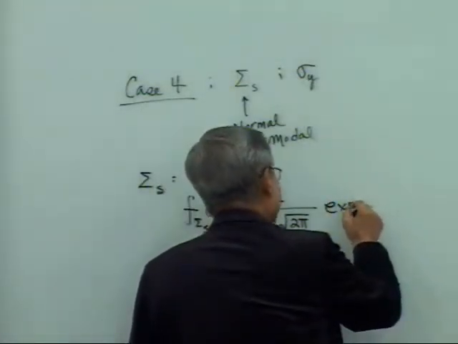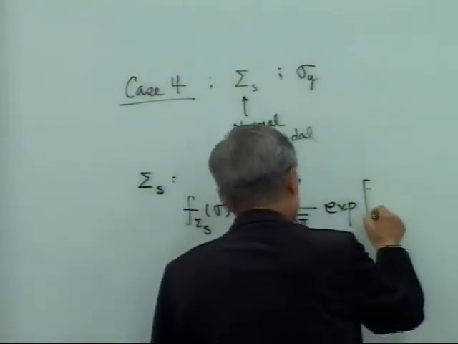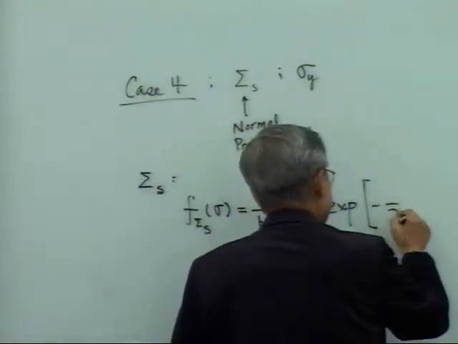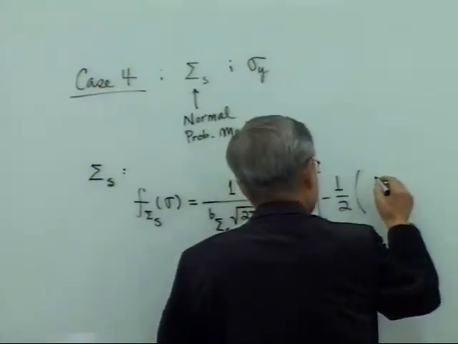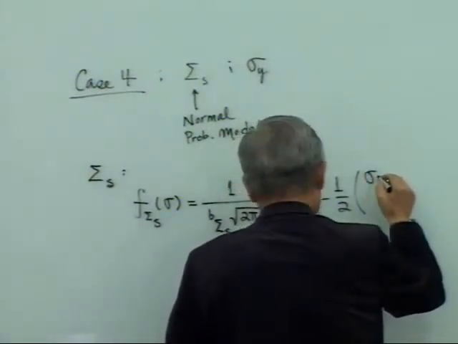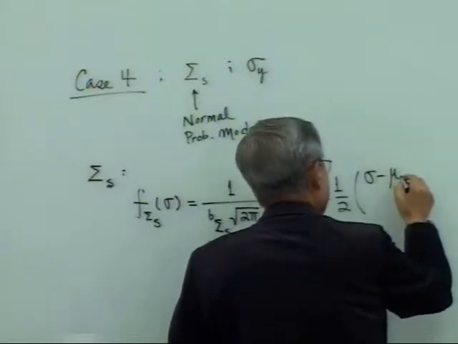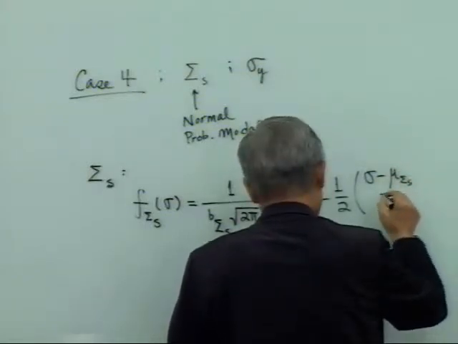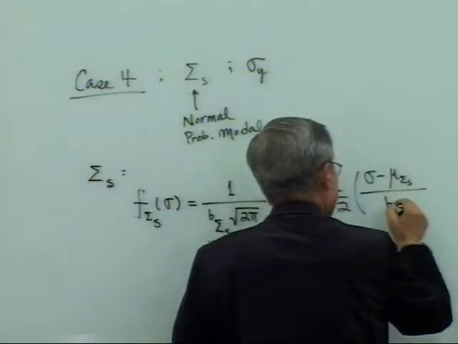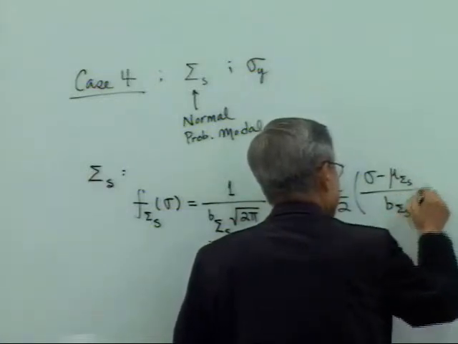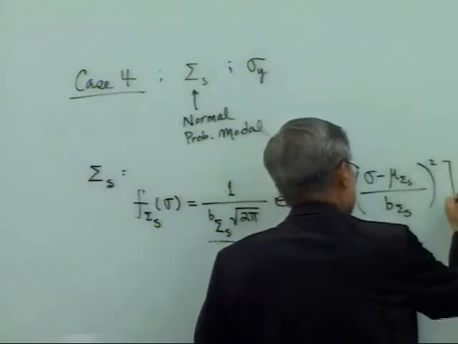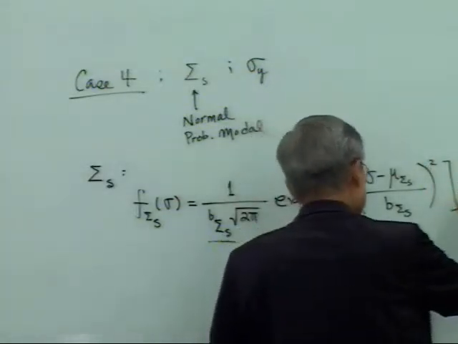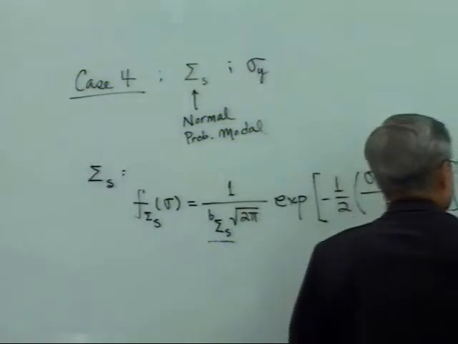EXP is a normal distribution function, minus half, and sigma minus mu sigma S, B. Let's straighten up the notations, because I screwed up myself when I looked back again.